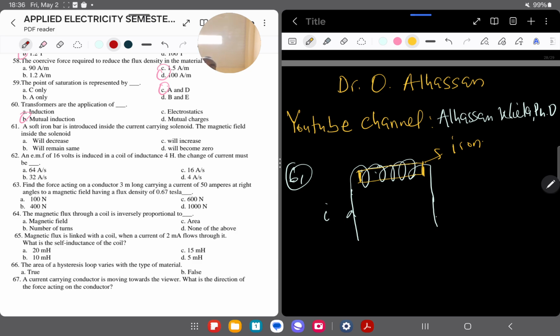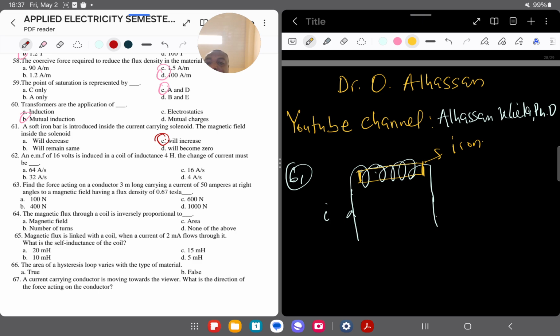So by introducing iron to this, the magnetic field is going to increase. You have increased magnetic field. So the answer for this is going to be C.